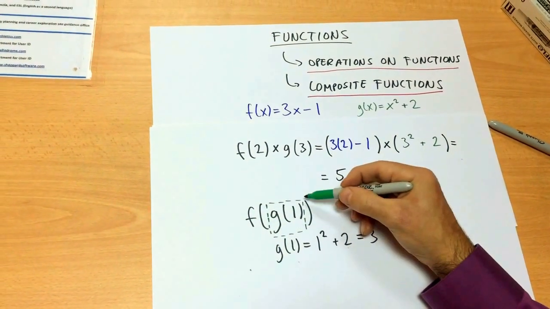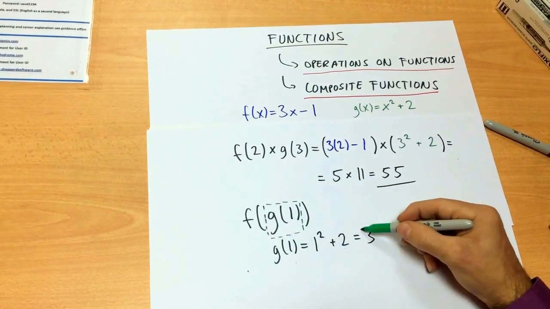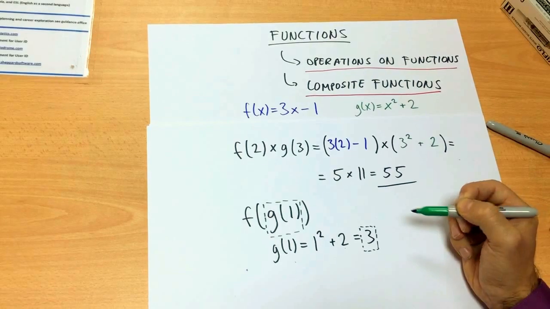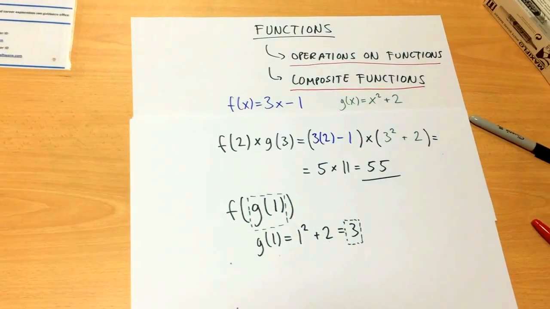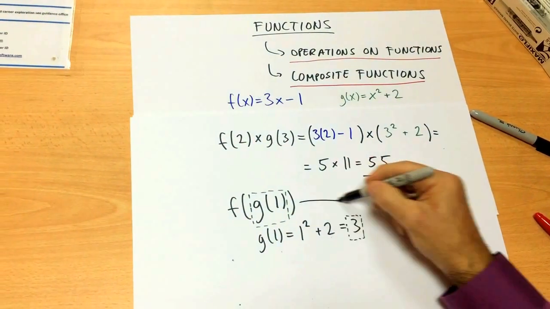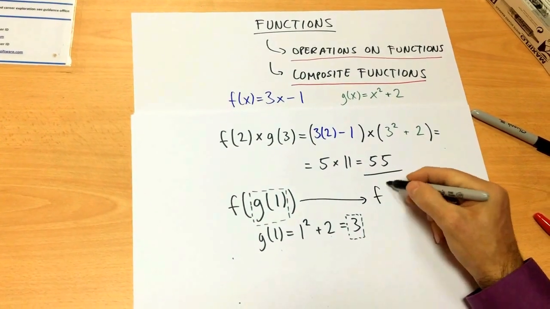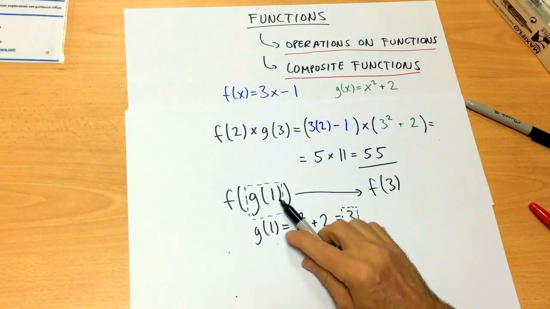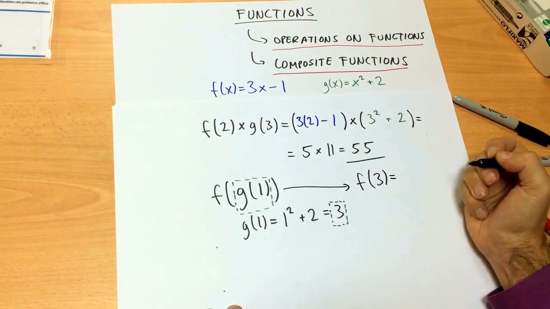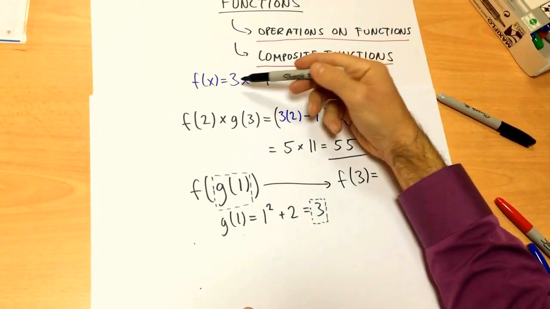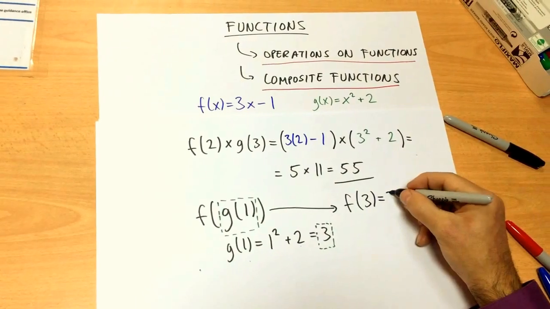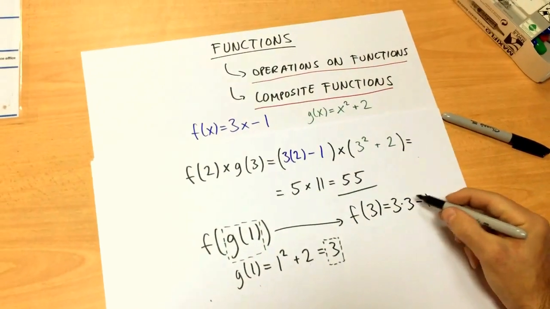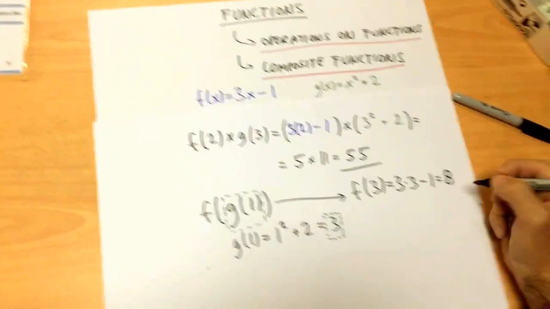This is my input for f, and this number, g of 1, is equal to this. So this means that I need to evaluate here f of 3. This 3 is my result of g of 1. So I have this thing left to evaluate, and f was 3x minus 1. So I will have 3 times 3 minus 1, which is nothing else but 9 minus 1 is equal to 8.